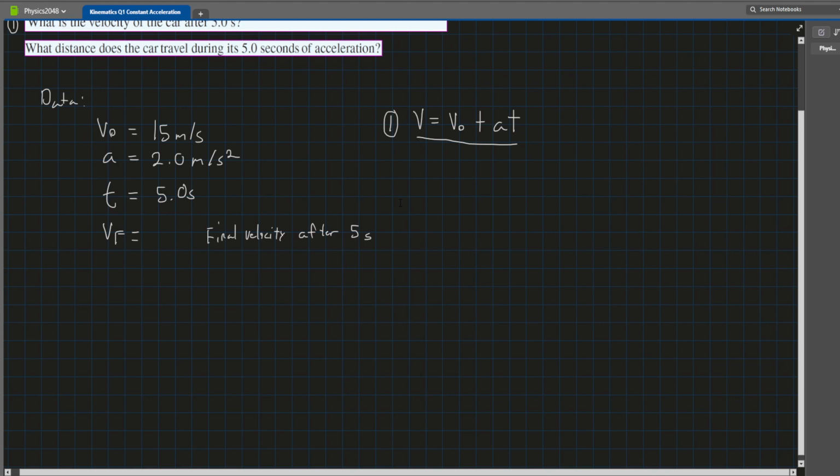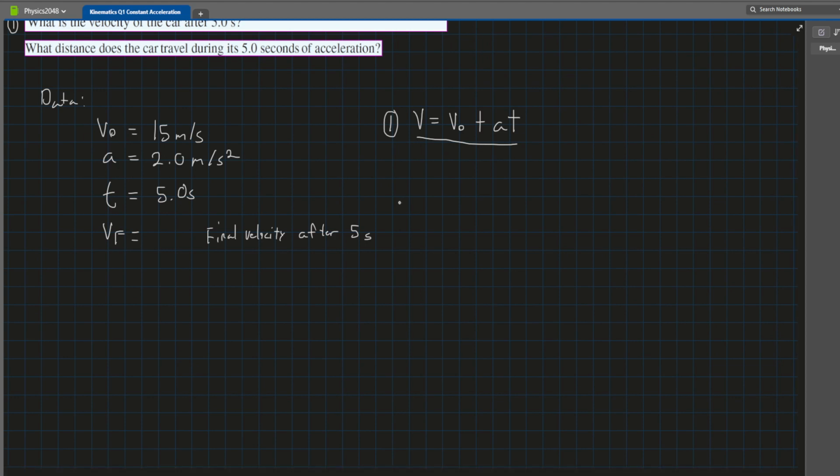So in order to do it, we just plug it in. So here V final is equal to 15 meters per second plus acceleration, which is 2.0 meters per second squared, times 5.0 seconds.